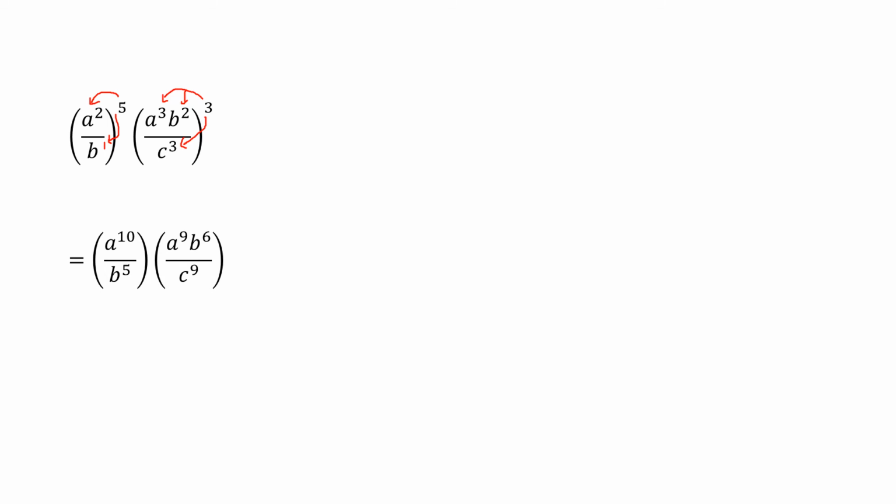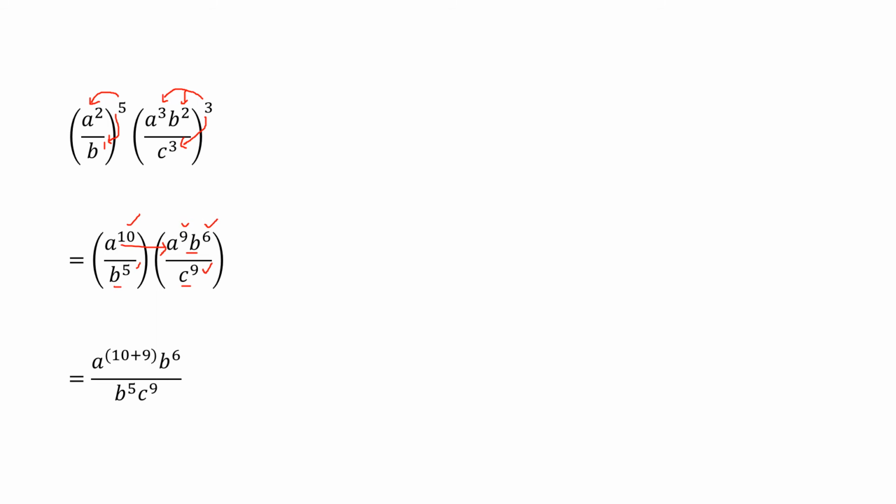So see, I'm doing everything fine, I think. 5 times 1 is 5, 3 threes are 9, 3 twos are 6, and 3 threes are 9. Now we are ready to multiply them, so a will be multiplied with a. B has got nothing in common here, so we write them side by side. B and C are different.